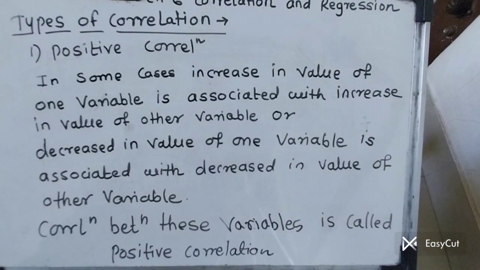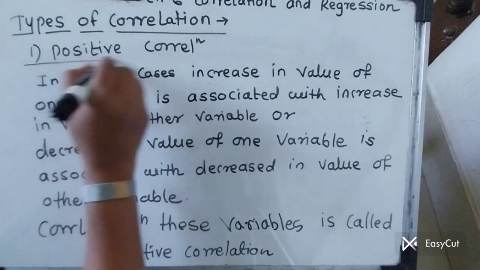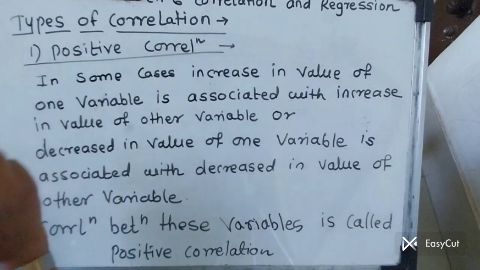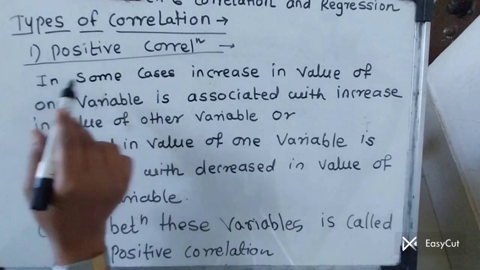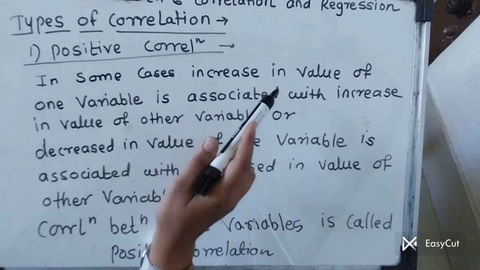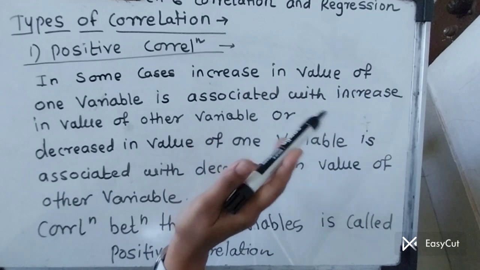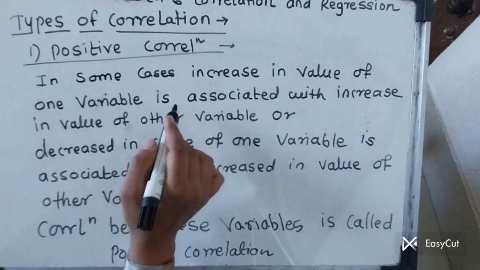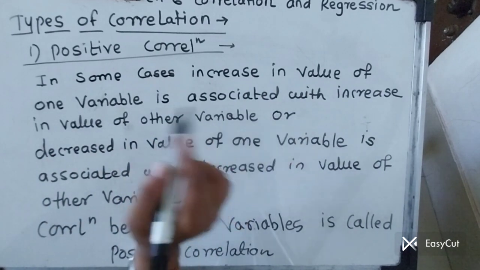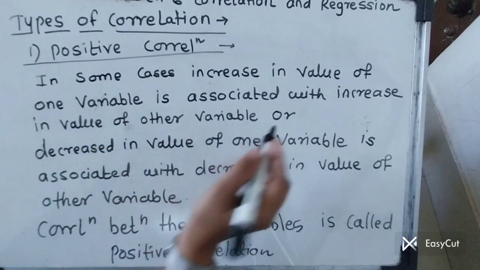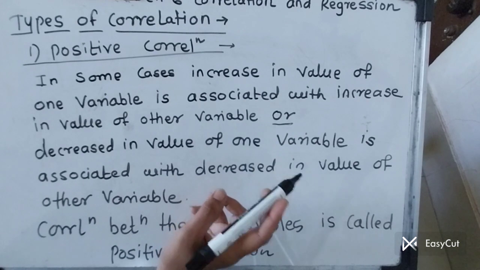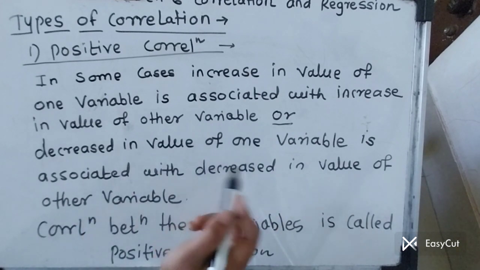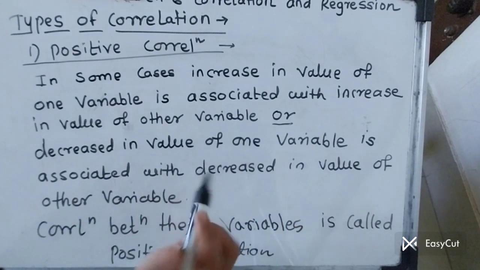See the proper definition of positive correlation. What is the meaning of positive correlation? Definition asked in exam for 2 marks. In some cases, increase in value of one variable is associated with increase in value of other variable, or we can say decrease in value of one variable is associated with the decrease in value of other variable.